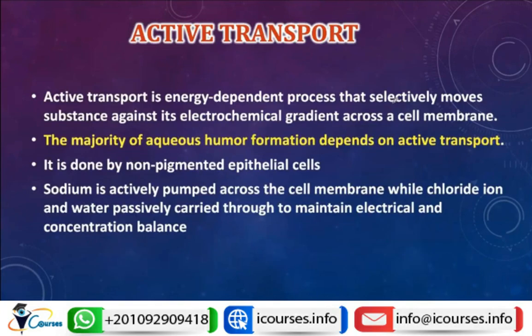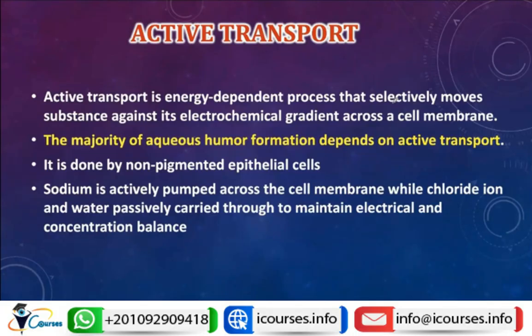The third mechanism is called active transport. And as we know from the cornea and the lens, active transport doesn't respect any gradient. It doesn't respect the concentration gradient, and it doesn't respect the pressure gradient. It is just an energy-dependent process that makes the cell or the tissue take whatever it needs by just the energy.